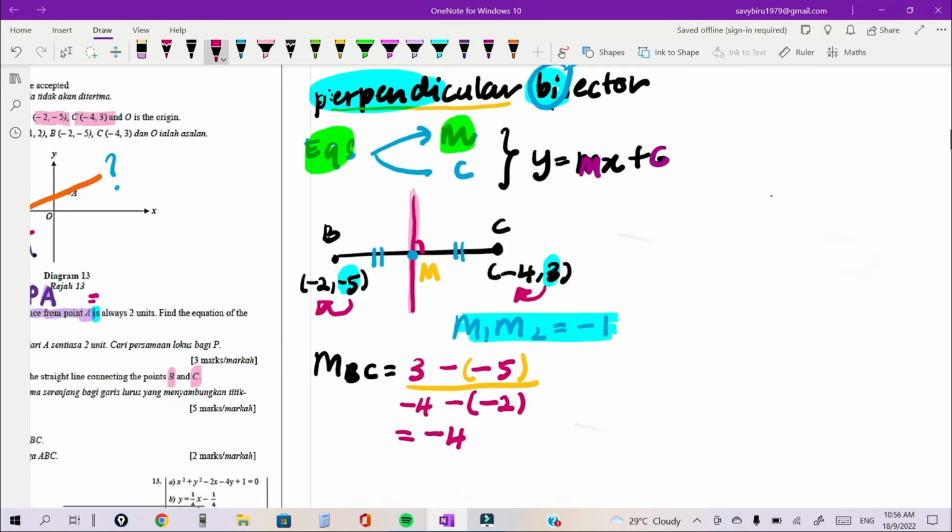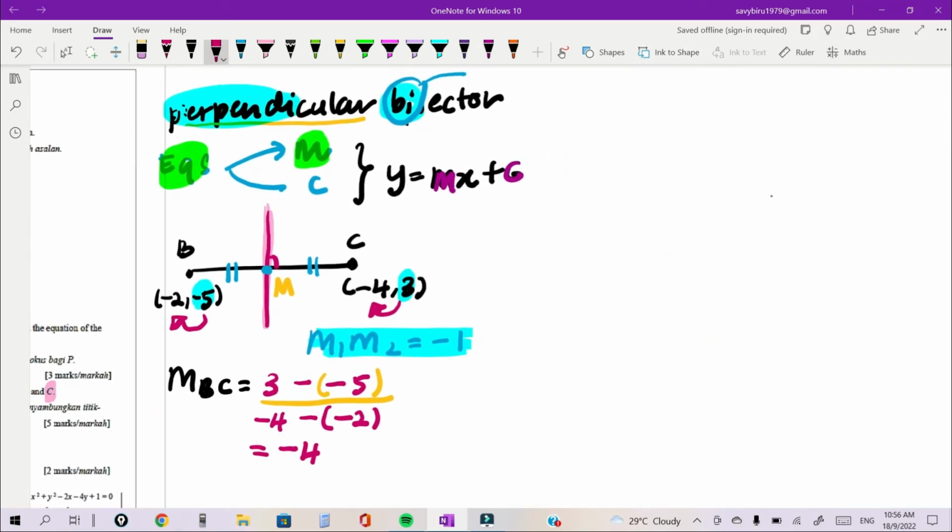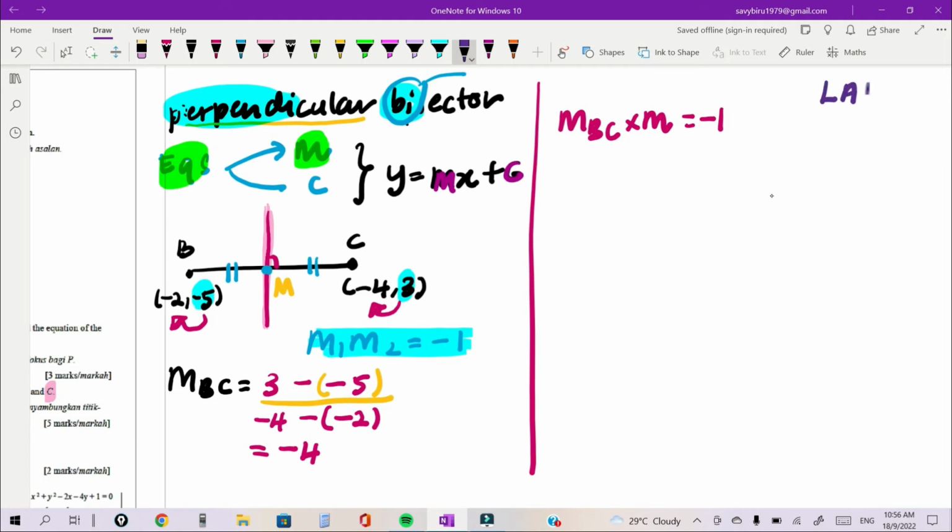Since we have the gradient of BC, we can find the gradient of the perpendicular bisector right now. The gradient of BC times the gradient of the perpendicular bisector must be negative 1, because the two lines are perpendicular. Kalau nak cepat, the word perpendicular, R itu ingat reverse.